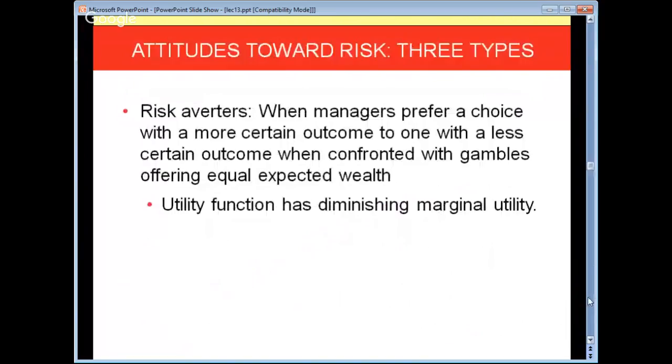Okay. So here, risk averters are managers who prefer a choice with a more certain outcome to one with a less certain outcome, when confronted with gambles offering equal expected wealth. The utility function has a diminishing marginal utility.